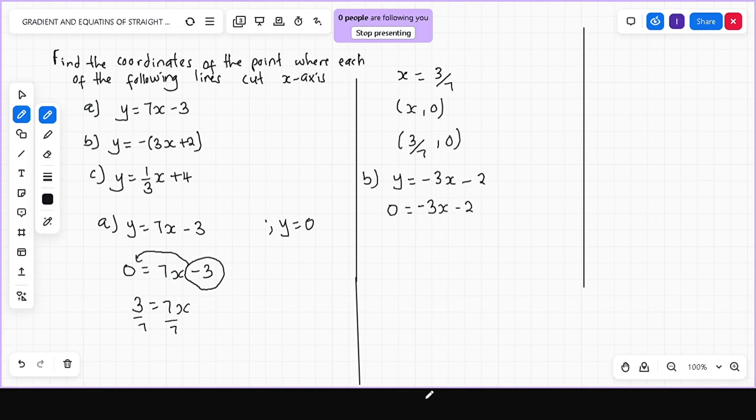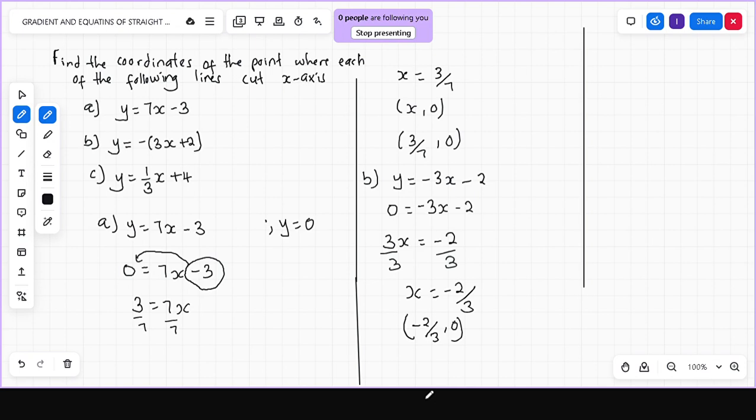So negative 3x can cross, we got 3x equal to negative 2, divide by 3 on both sides. So the value of x equals minus 2 over 3. But now the coordinate is given as x, comma y. So the coordinate is going to be negative 2 over 3, comma 0. It's as simple as this.